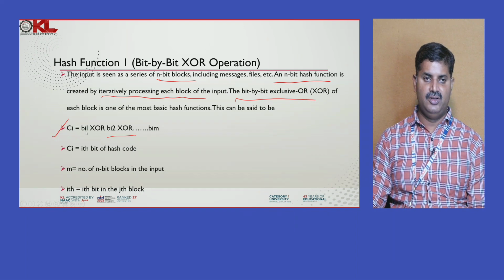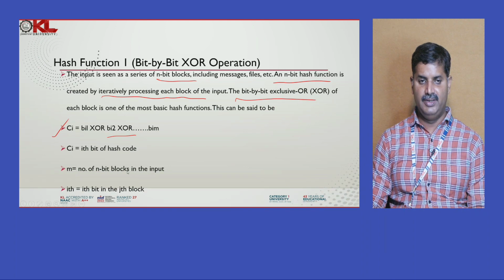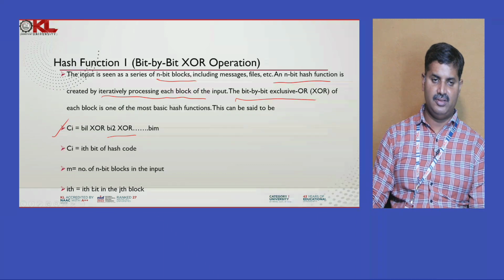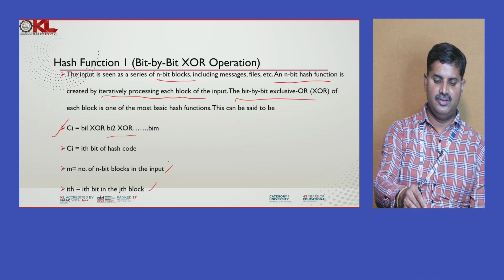Bit 1 is XORed with bit 2, then bit 2 with bit 3, and so on, up to bit m. Here Ci is the ith bit of the hash code, m is the number of n-bit blocks in the input, and bij is the ith bit in the jth block.